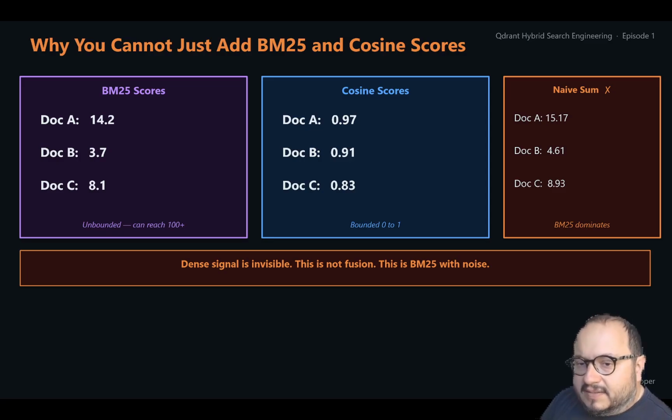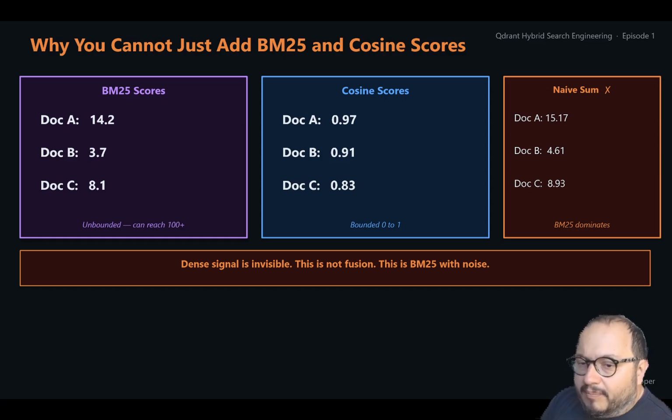Cosine similarity scores are bounded between 0 and 1. A very relevant document scores 0.97. A moderately relevant one scores 0.83. If you add these directly, the BM25 score of 14 swamps the cosine score of 0.97. BM25 dominates the fusion completely, regardless of what dense search found.